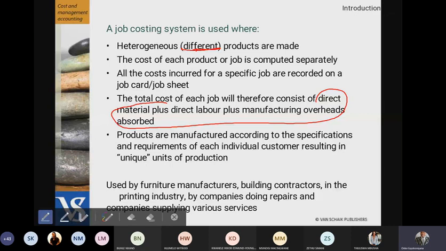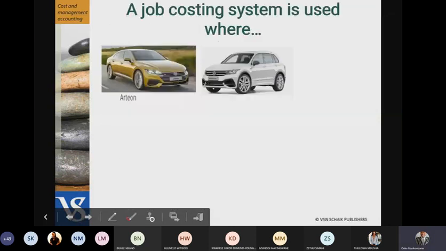In order for us to have a clear view of what we are talking about, we will look at this example that we have. Take for argument's sake a company like VW.